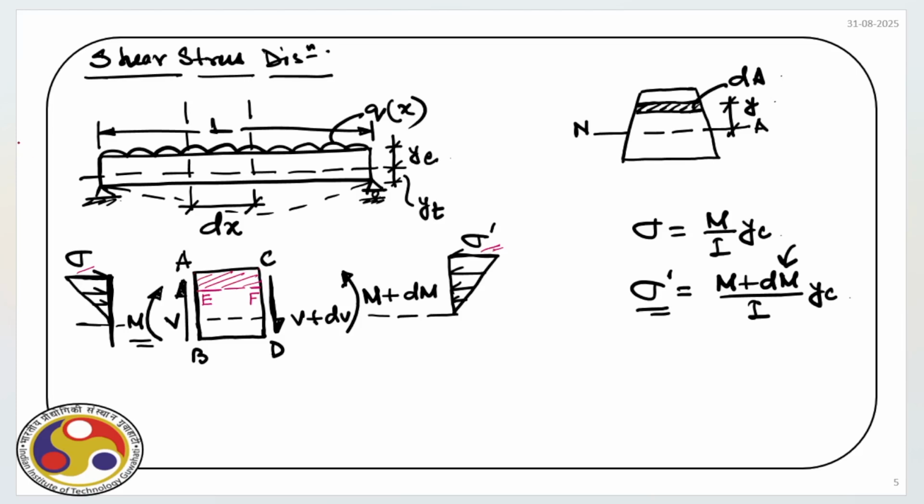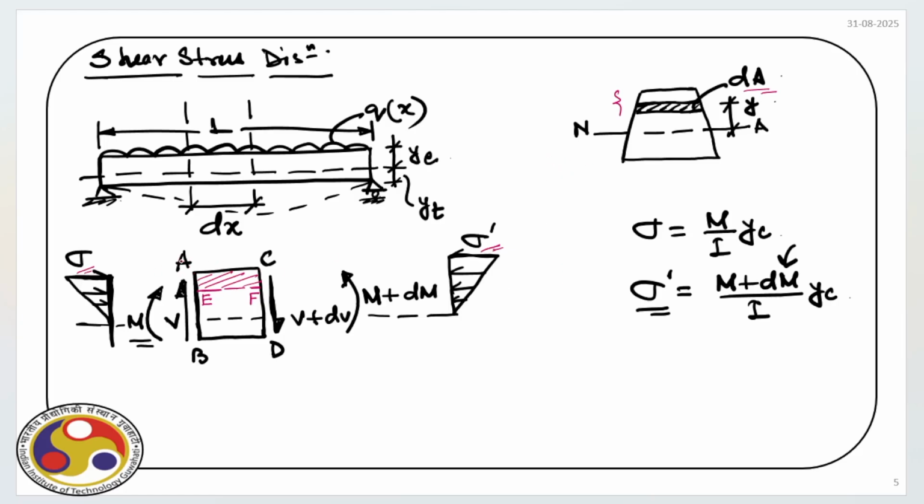For that, again, we can use this bending stress, and if we consider a section at a distance and then consider all the sections and sum up all the forces, then we can quantify the force acting on each face.